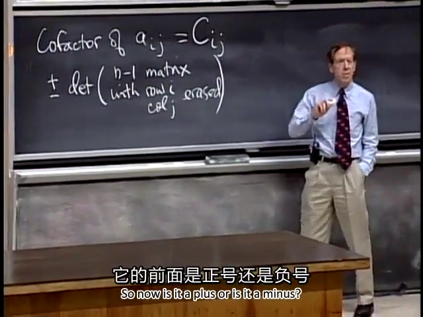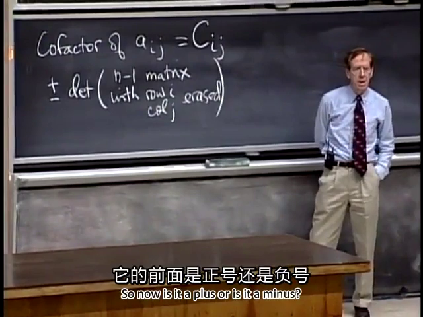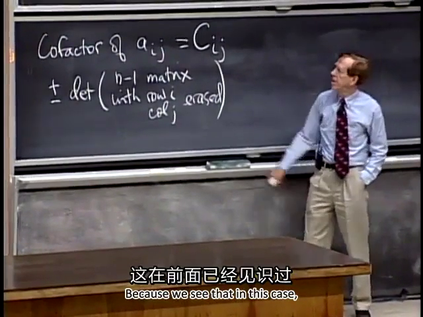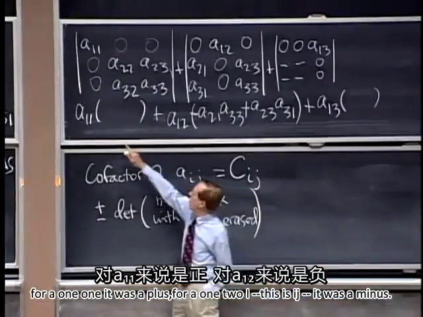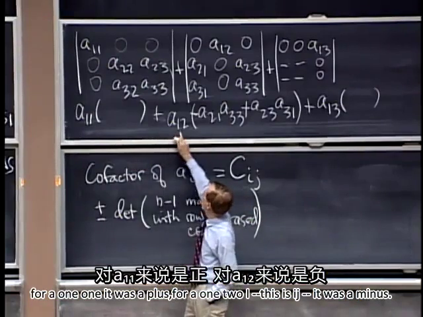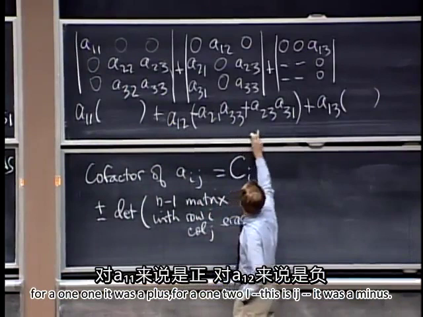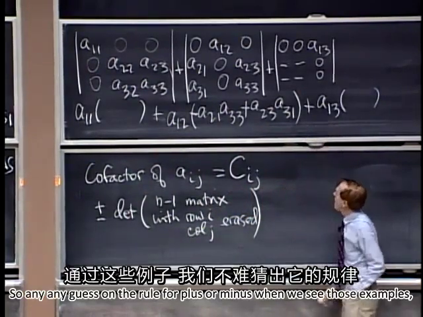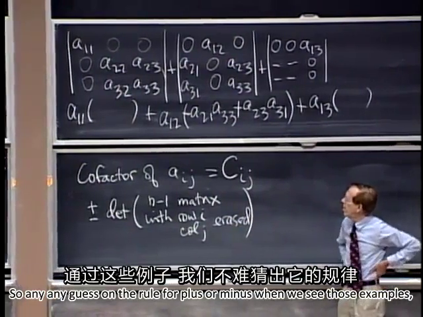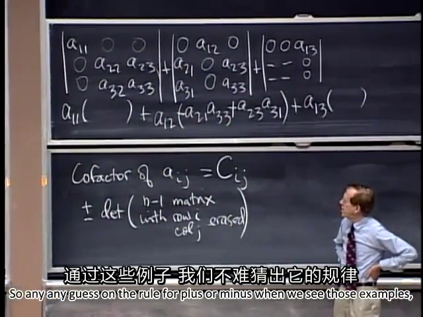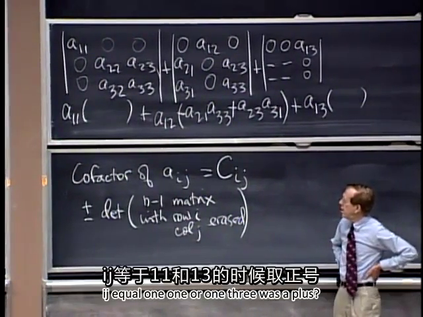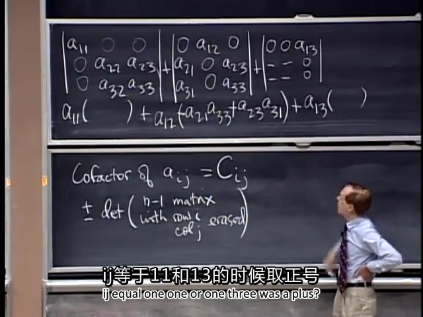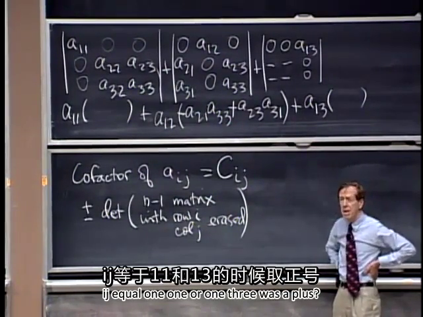Okay, so now is it a plus or is it a minus? We see that in this case for A11 it was a plus, for A12 it was a minus. For ij equal 1,3 it was a plus. So any guess on the rule for plus or minus when we see those examples? ij equal 1,1 or 1,3 was a plus.